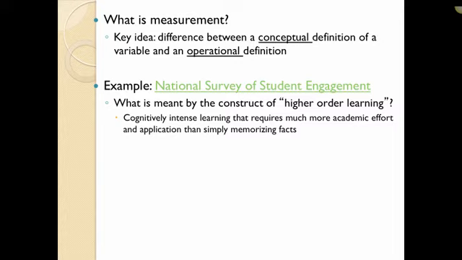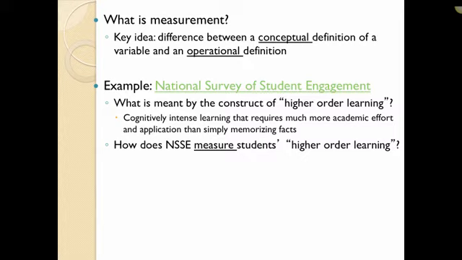So how does the National Survey of Student Engagement go about measuring higher order learning? How would you measure this idea of cognitively intense learning that requires much more academic effort and application than memorizing facts? You really can't ask students directly, hey, how much do you feel like you've engaged in higher order learning? Because students really have a difficult time understanding what that conceptual idea is.